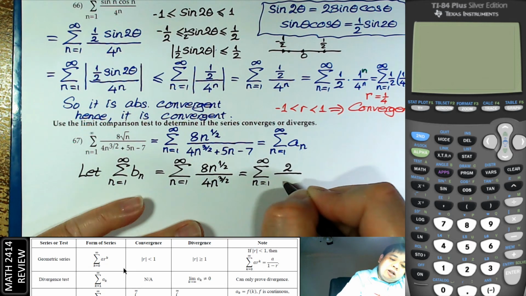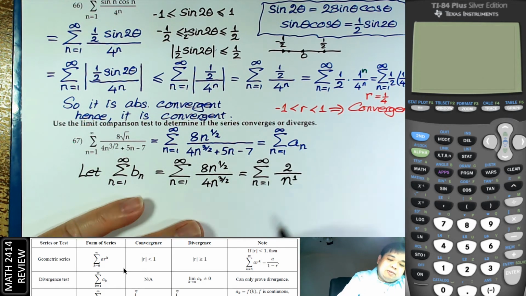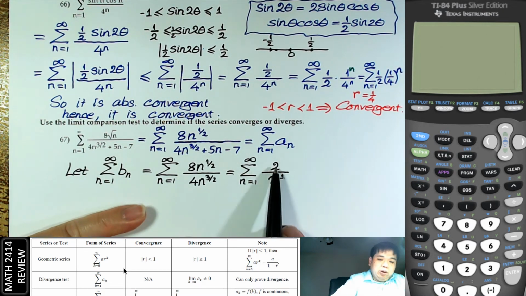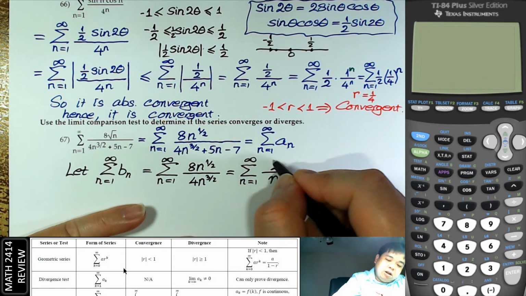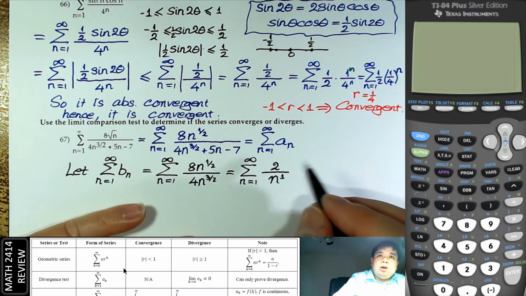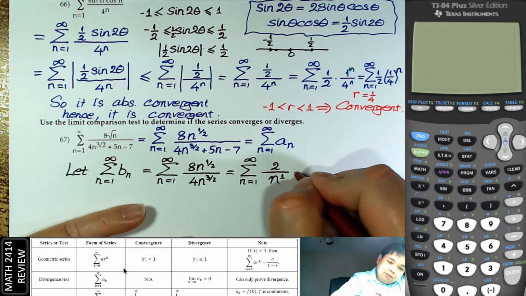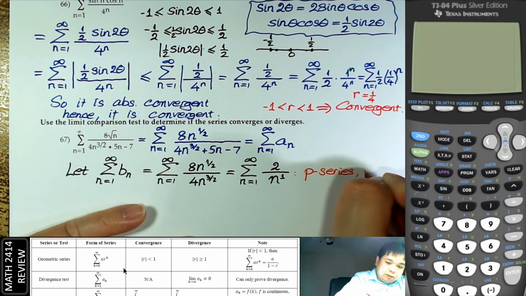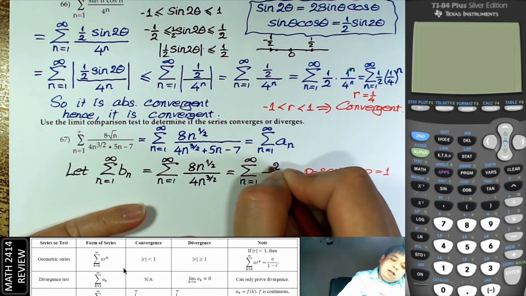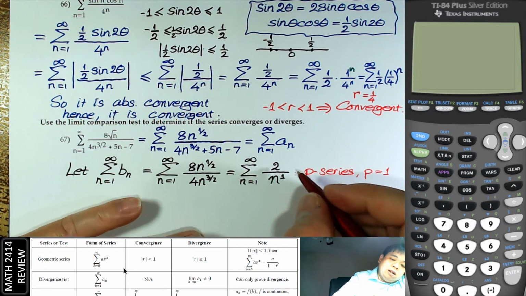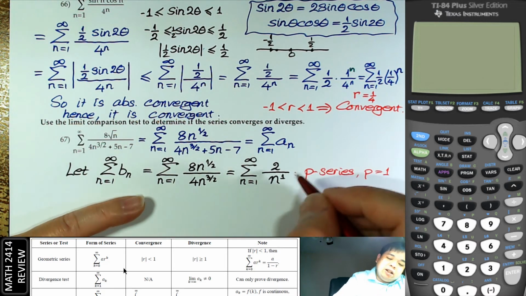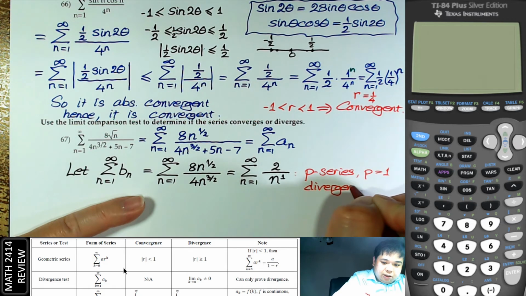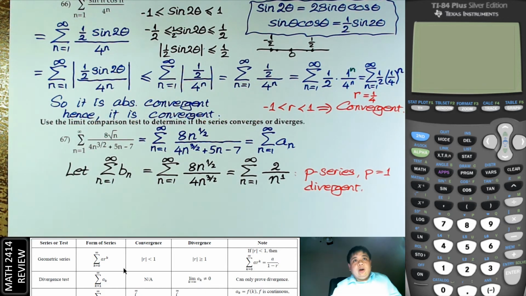The bottom is n to the first. By the way, we can write out the 2 if we want to, but this is a p series when p equal to 1. And the 2 on top is a constant, doesn't really do anything, so this is divergent.